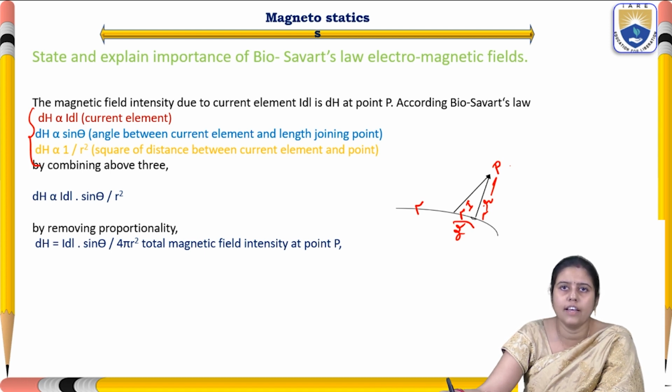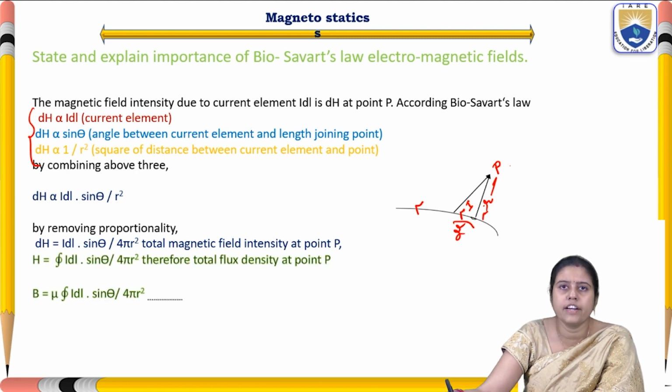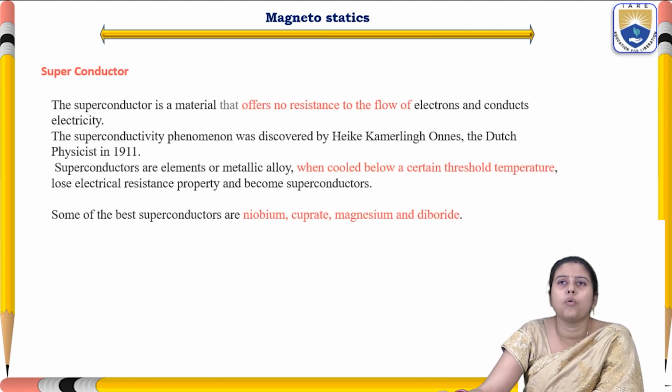So the total magnetic field H is the integration in a closed path of I dl sin theta by 4 pi r square. What is B? B is equal to mu I dl sin theta by 4 pi r square, as B is equal to mu H.